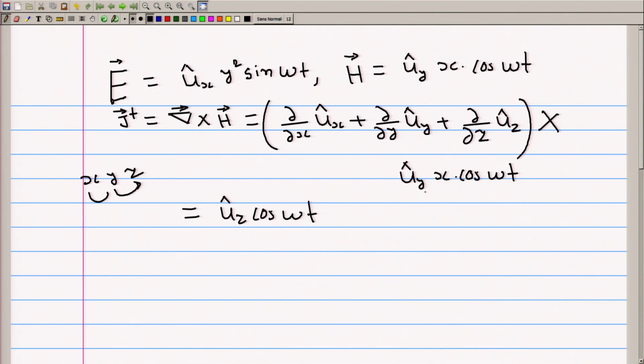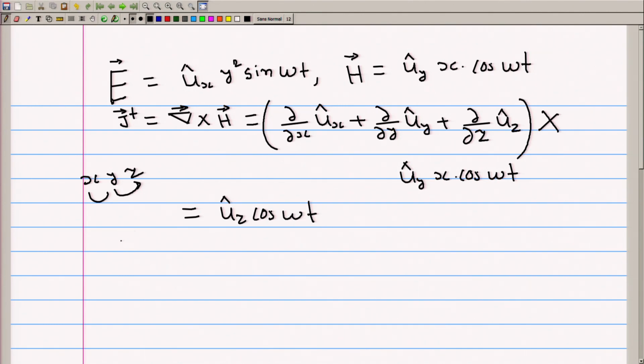And uy cross uy will be 0 because the angle is 0 degrees and sin 0 is 0. And uz cross uy will be minus ux, but del upon del z here is 0, since in the H term there is no z component, so its differentiation will be 0. So, this will be the Jt.